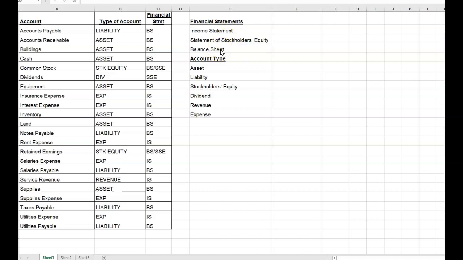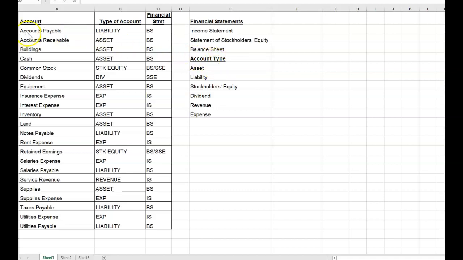Balance sheet, if you remember your accounting equation, which is extremely important, that accounting equation is assets equal liabilities plus stockholders' equity. And you should probably just memorize that. It's fairly easy to memorize. And that accounting equation can be rearranged to solve for things too. And you'll get into that a little bit later in the chapter, and maybe in chapter 2 as well.